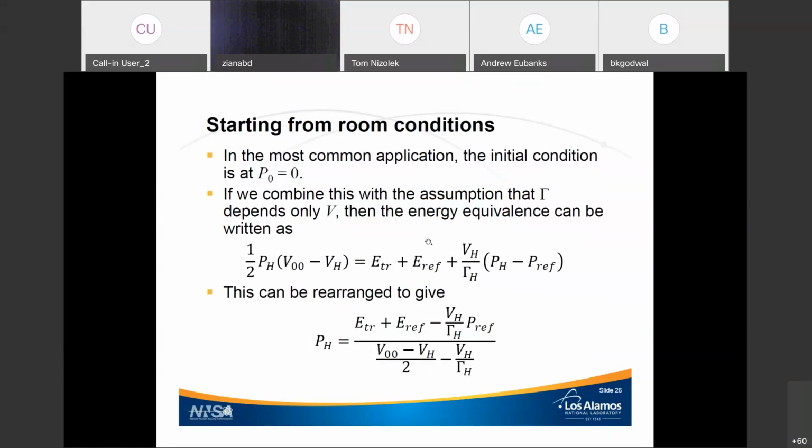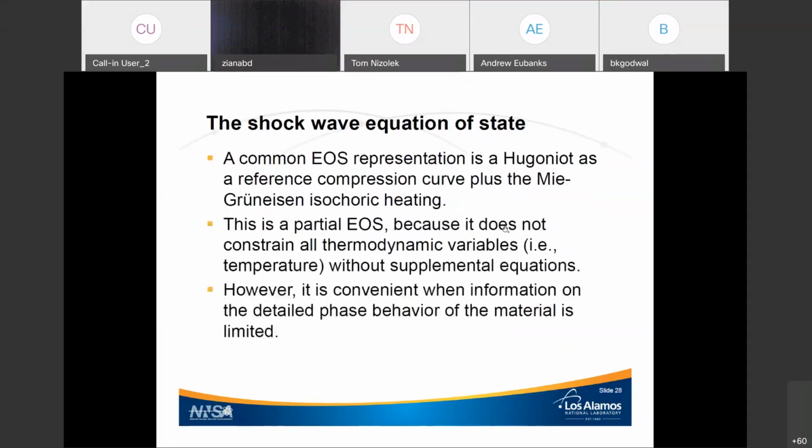Now, in this case, you're not integrating along that curve. It's just that the Rankine-Hugoniot conditions for the reference compression curve give you an energy and a pressure and a volume. So you can use a shock wave as your reference compression curve.